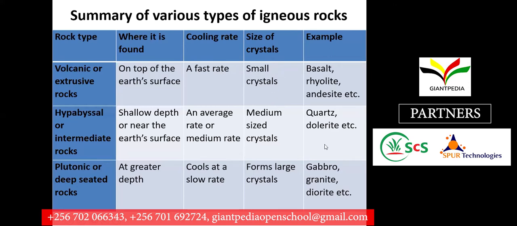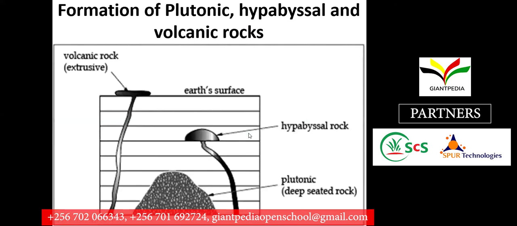And the examples are here, the ones we had gone through last time, and this is also a diagram to illustrate the formation of abyssal or plutonic, hypabyssal, and volcanic rocks.